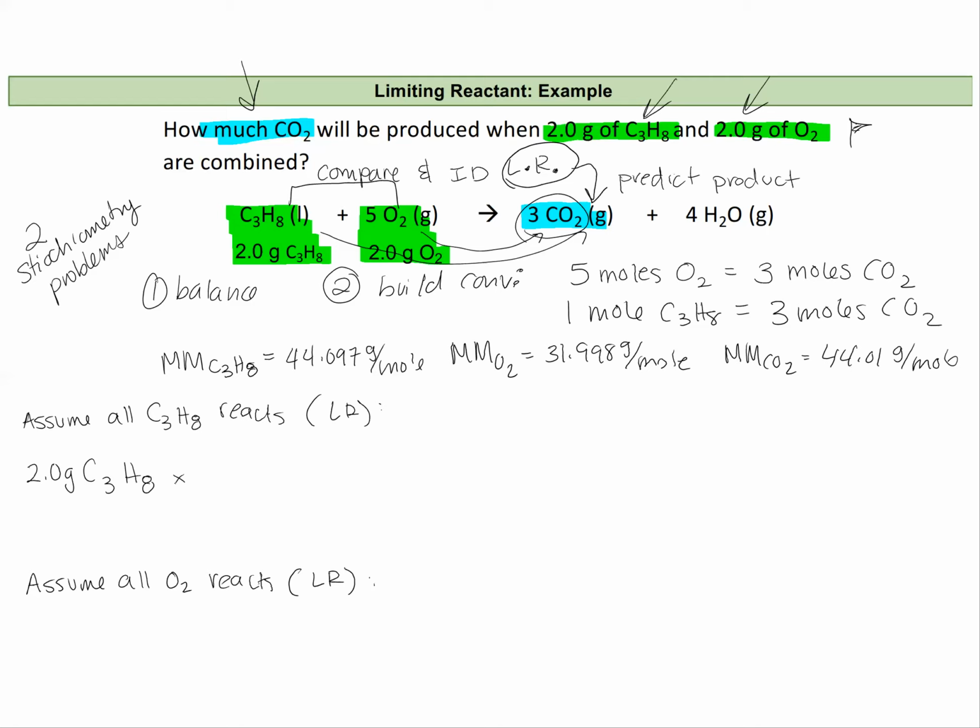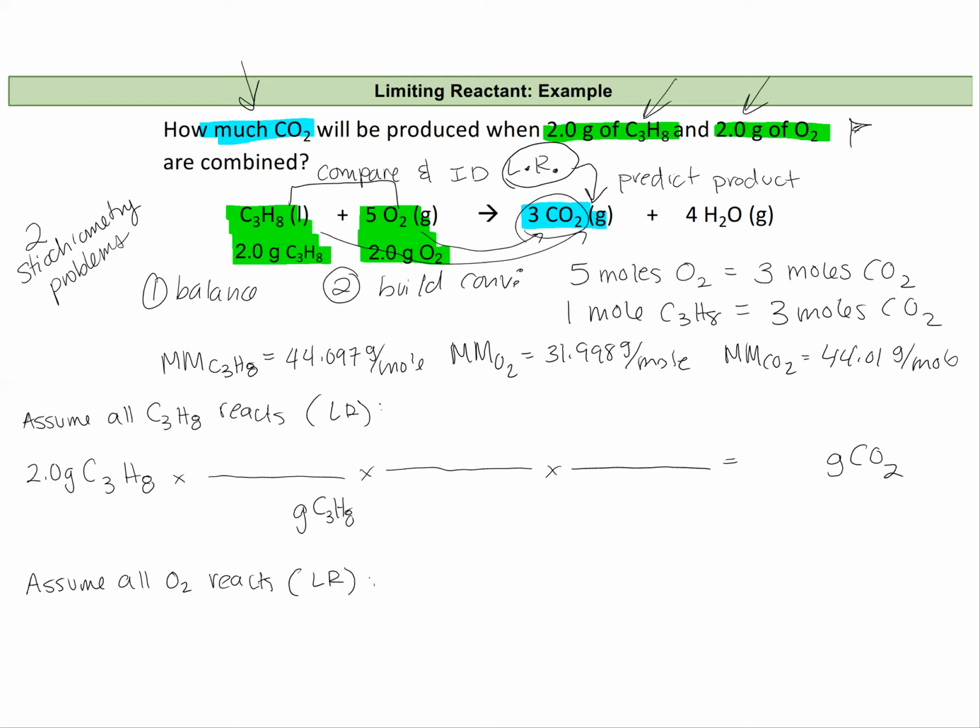And I'm going to follow my steps for solving stoichiometry problems. I am going to divide by the molar mass of this propane. Then I'm going to do a mole to mole conversion to get into units of carbon dioxide. And then I'm going to convert into the mass of my carbon dioxide. So that's going to be the molar mass of propane.